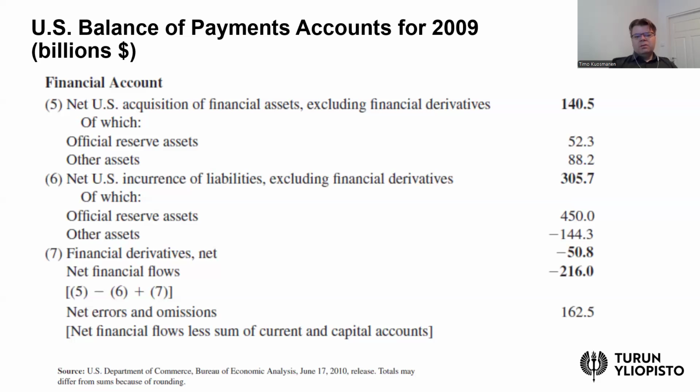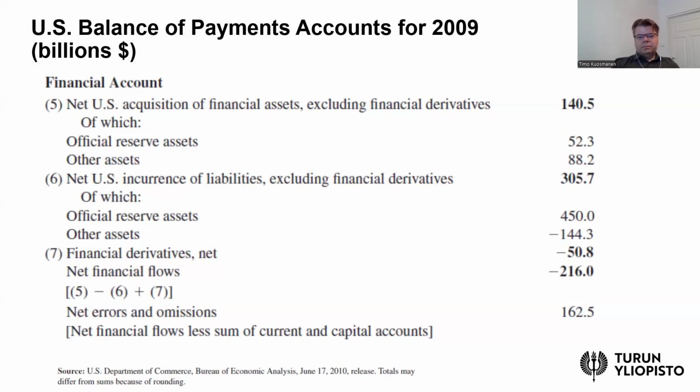However, the incurrence of liabilities of other assets is negative. So other than central banks, individuals or firms were decreasing their US asset holdings in 2009. And remember, 2009 is immediately after the financial crisis that occurred in the USA, or perhaps it was still a crisis year, which can explain the quite sizable negative 144 billion US dollars in this item number 6.